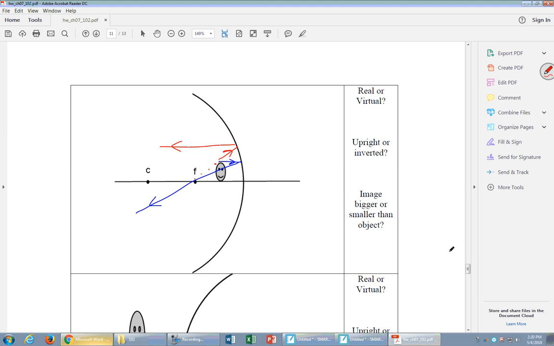And then the third ray is to go through the center of curvature and then back on itself. But again, I do this funky thing where I draw a ray that looks like it comes from the center of curvature like that, and then it reflects back on itself. And then to find out where the image is, I trace all 3 of these back.